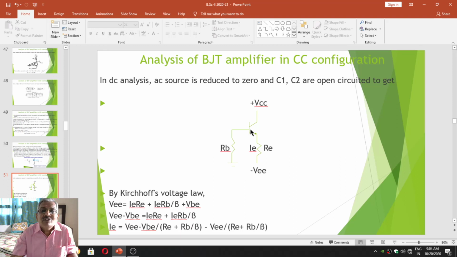By applying Kirchhoff's voltage law to this loop we can get VEE equal to IE RE plus IE RB upon beta plus VBE. Transferring VBE to the left side, we get VEE minus VBE equal to IE RE plus IE RB upon beta.